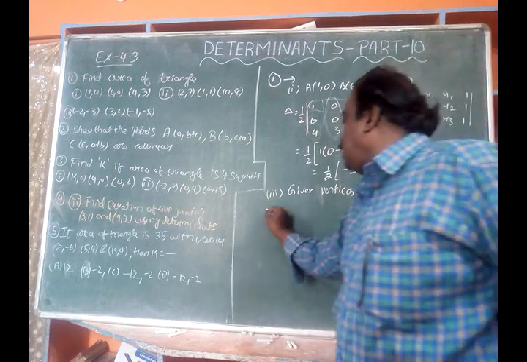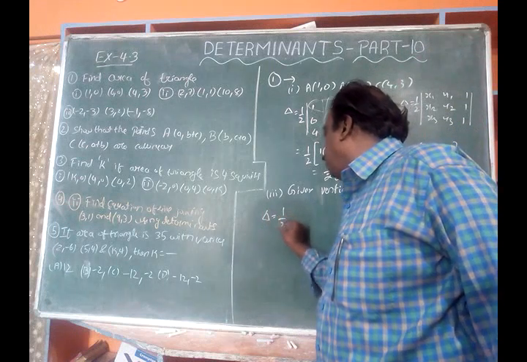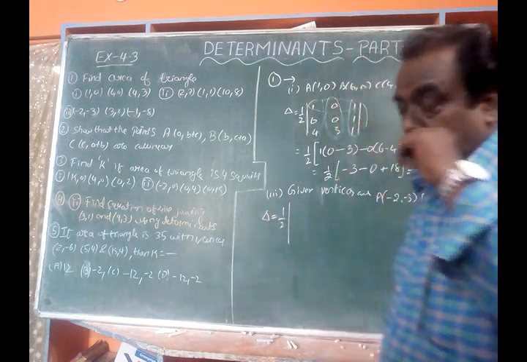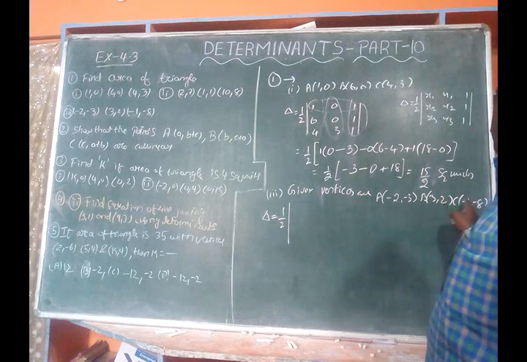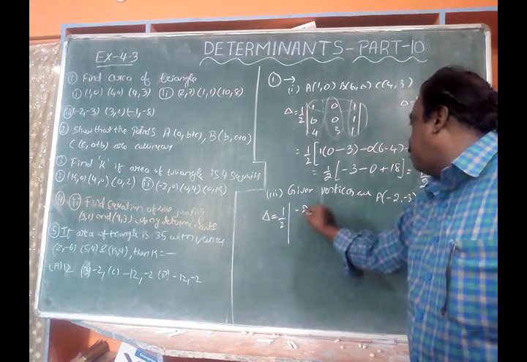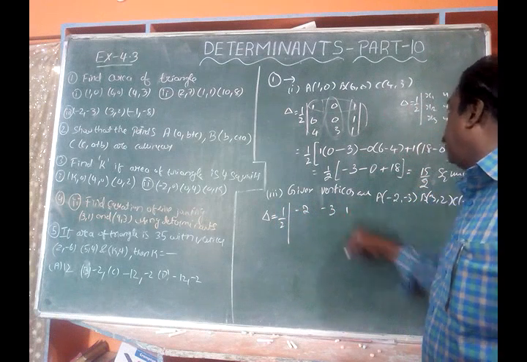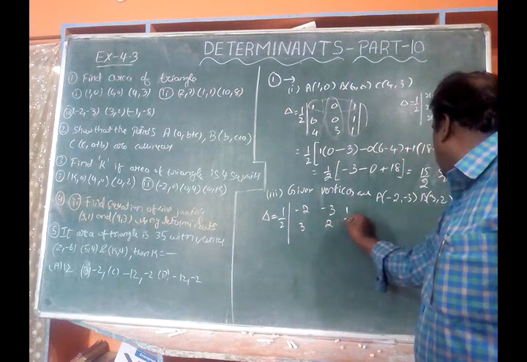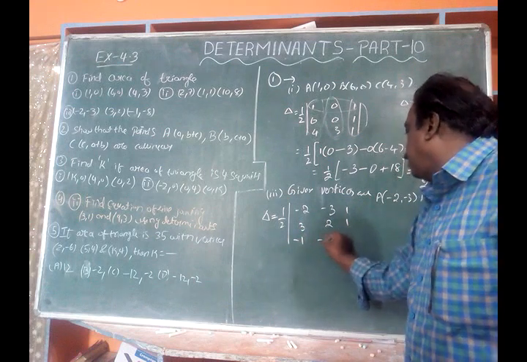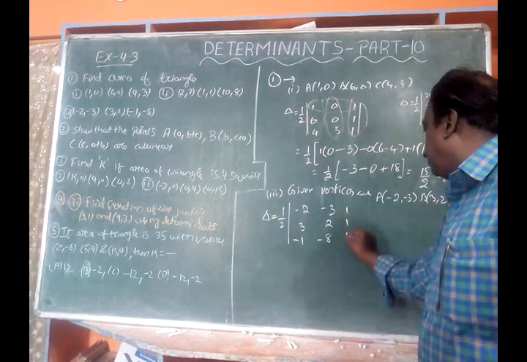Now delta is equal to 1 by 2 with modulus determinant x1 y1 1, x2 y2 1, x3 y3 1. This is minus 2 minus 3 1, this is 3 2 1, minus 1 minus 8 1.